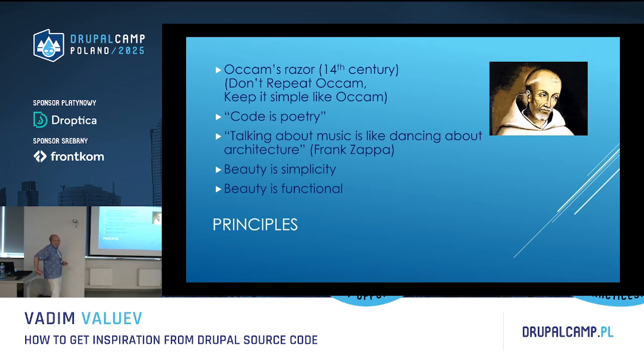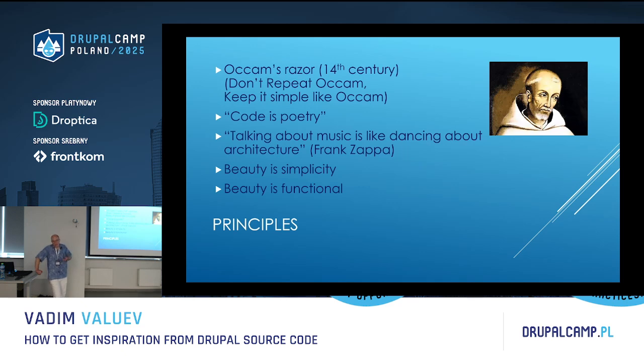Okay, so, something more, the criteria: code should be beautiful. And beauty is simplicity. It's not complexity. It's something which is simple and functional. Because why do we think something is beautiful?